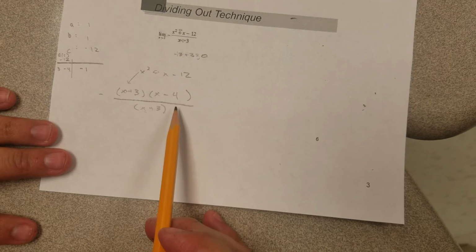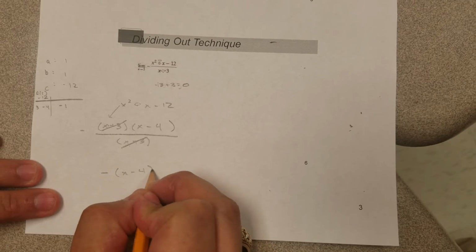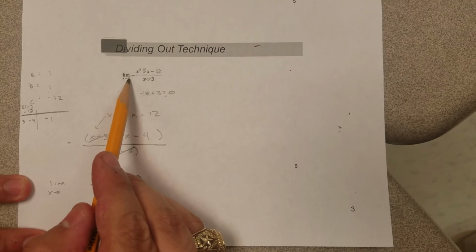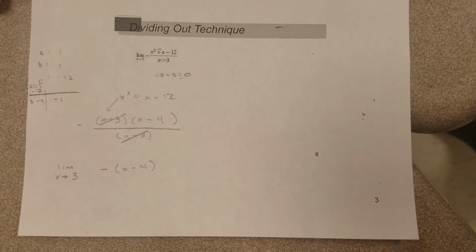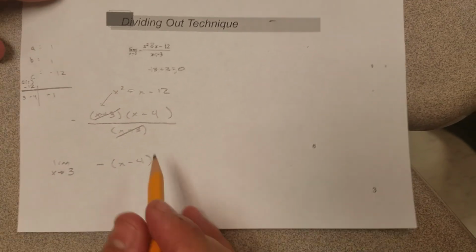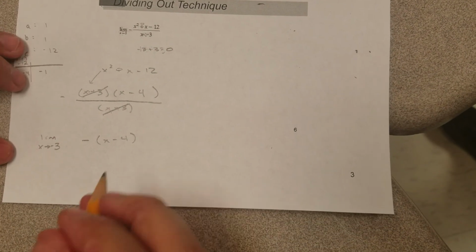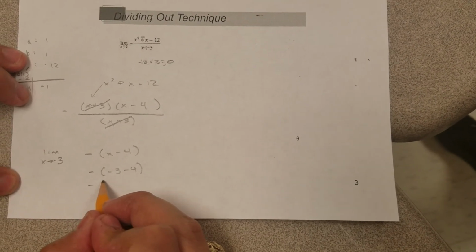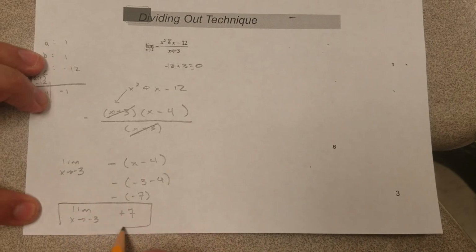So the x plus 3's cancel, and I'm just left with negative x minus 4. Oh, this is a positive 3. Damn it. Okay, I messed up this whole problem. Well, we're saying this is a negative 3, so again, I changed the whole problem here. So this is negative of negative 7, which makes it positive 7. Okay, so this is it right here.